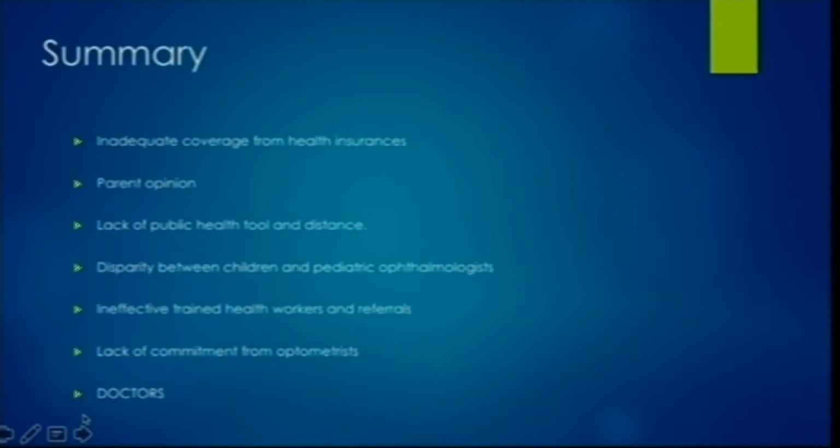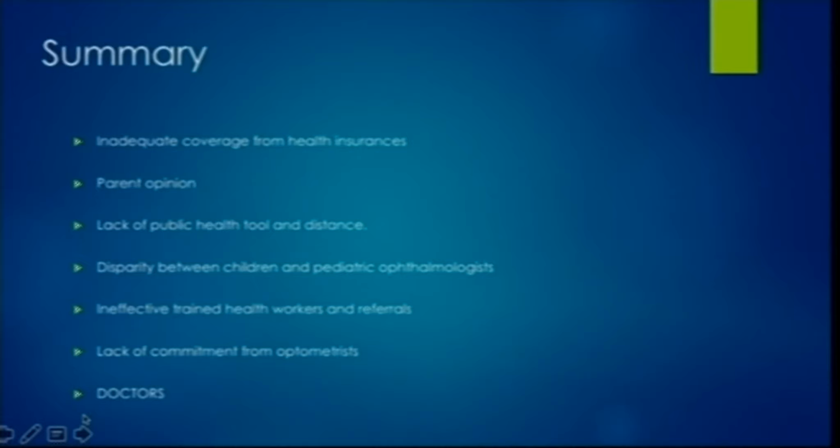So summarizing, these are a few points which are playing a huge role in the disparity between demand and supply. The inadequate coverage from health insurances, parental stigmas, lack of public health tools, the distance, patients staying in remote areas not wanting to come to pediatric ophthalmology setups, which are placed mostly in metro cities or tier 2 cities.